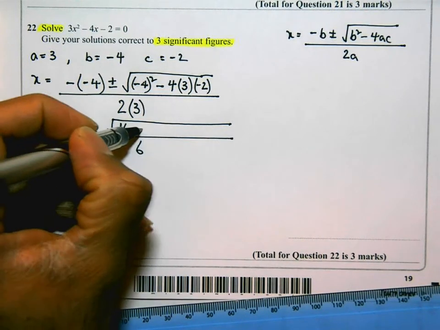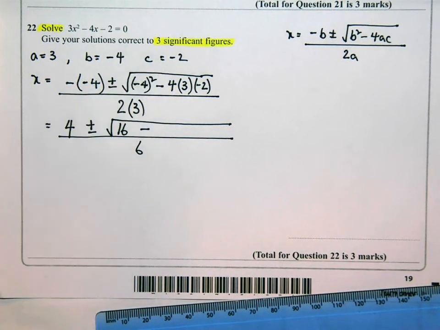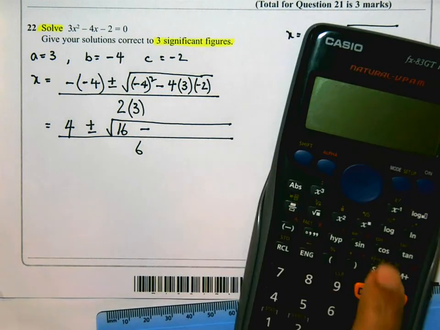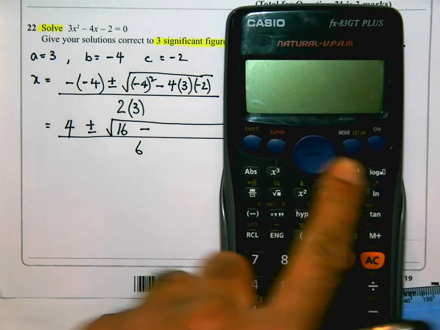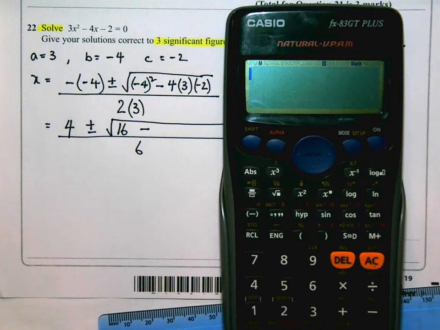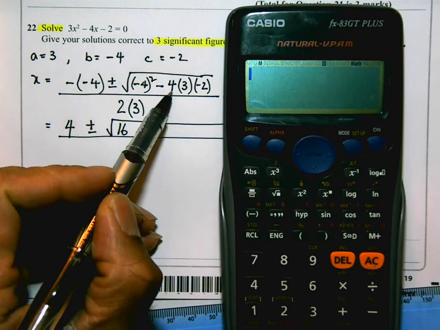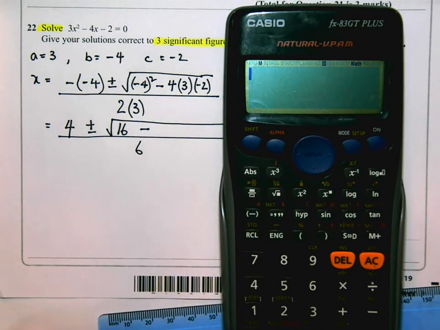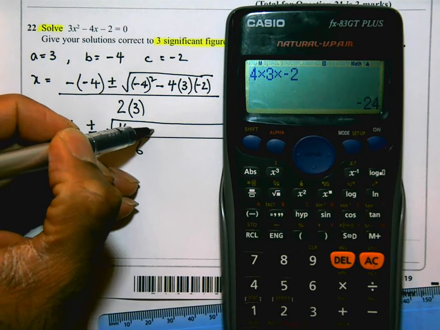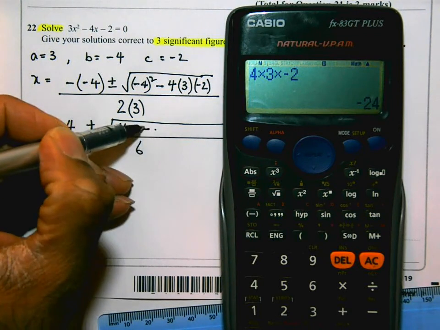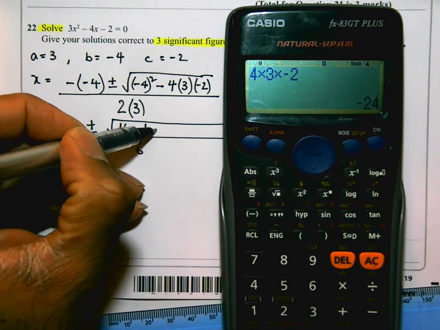Minus, now, if I work this out on the calculator, just so that you could see what needs to be done, I'm going to do 4 times 3 times minus 2, and the result I get is minus 24. So minus 24, a minus and a minus make a plus, so that becomes plus 24.